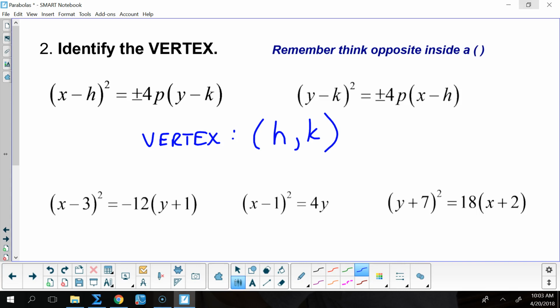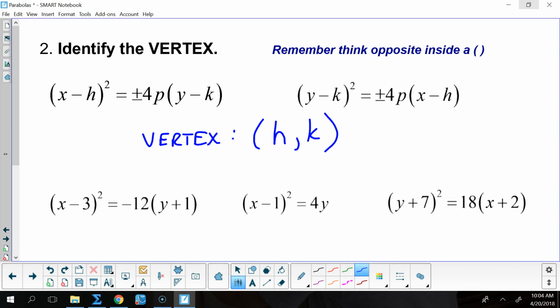Okay? There are the two standard forms. The left one here is for up and down parabolas, because x is squared. The right one here is for left and right parabolas, because y is squared. Okay? And so we think oppositely inside a set of parentheses, h, comma, k is our vertex. Okay? And we found them.